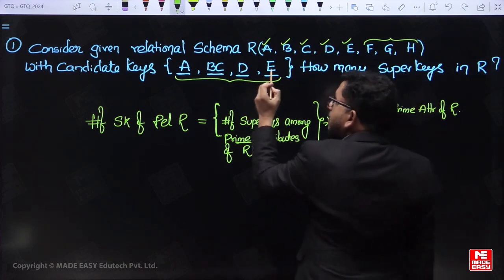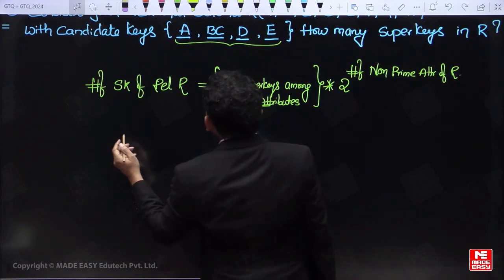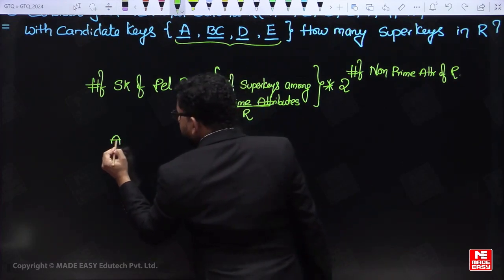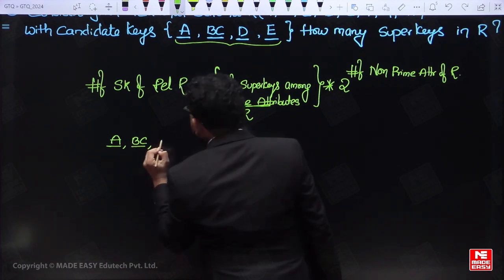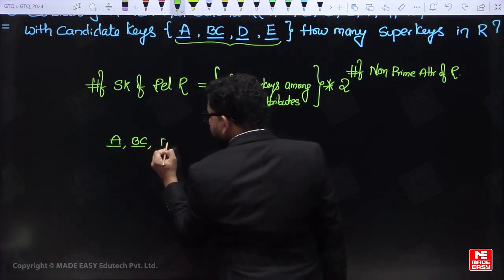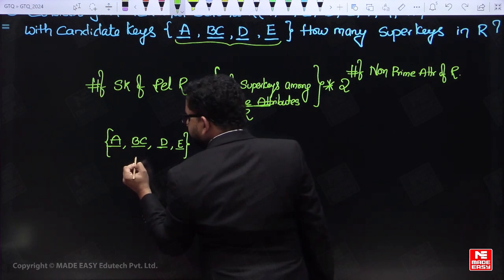Now among these prime attributes, these are the candidate keys given: A is one candidate key, BC is another candidate key, attribute D is one candidate key, and attribute E is one candidate key.